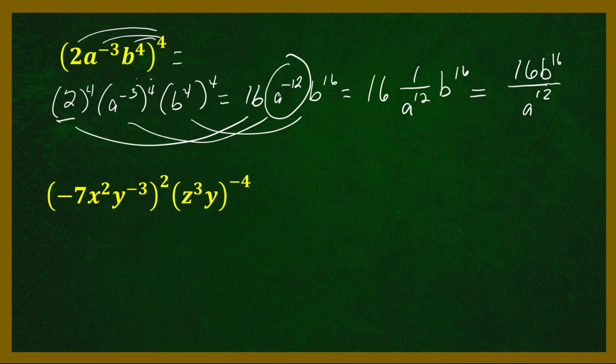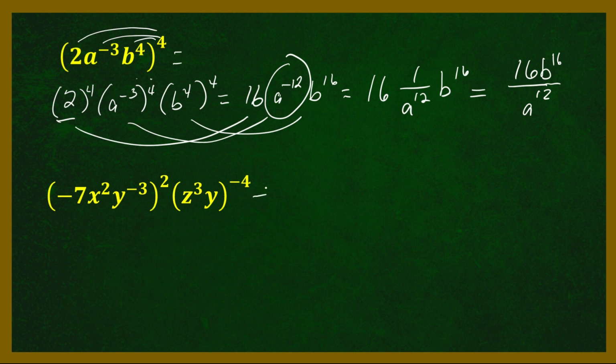Okay, now moving on to our next expression here, we're going to evaluate negative 7x squared times y to the negative third power, all raised to the second power, times z cubed times y, all raised to the negative fourth power.